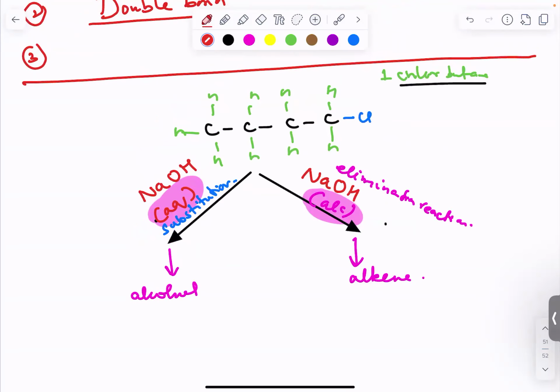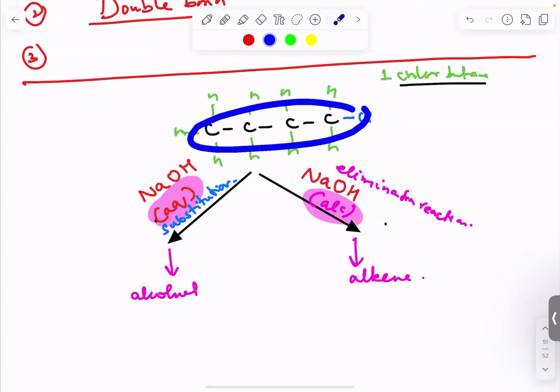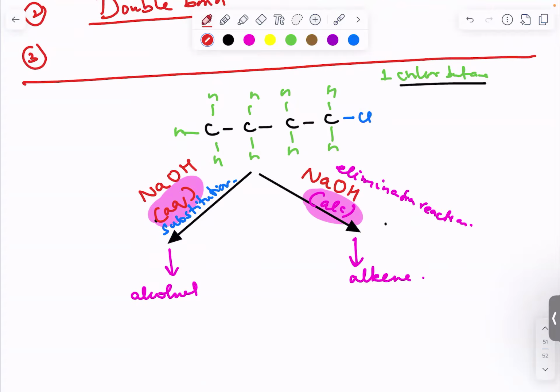Now, Betty, what am I going to get? Alcohol. What would be the name of the alcohol which I can make from 1-chlorobutane? Yes, Beta? Zena? What would be the name of the alcohol, Betty? Would it be 1-chlorobutane?